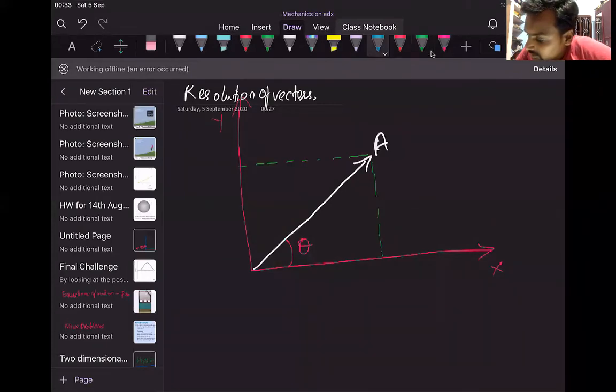This vector would be called AH, H representing the horizontal component. Write it out.